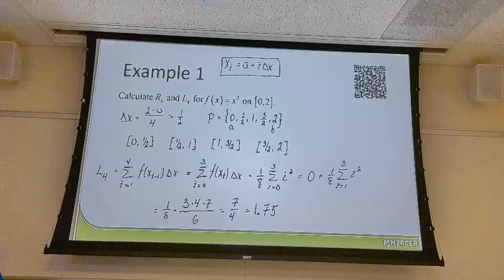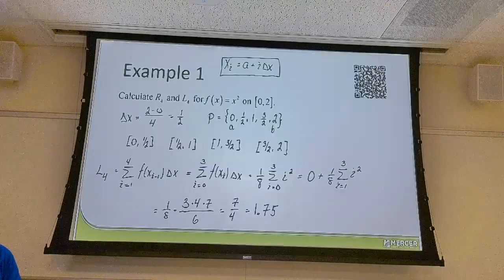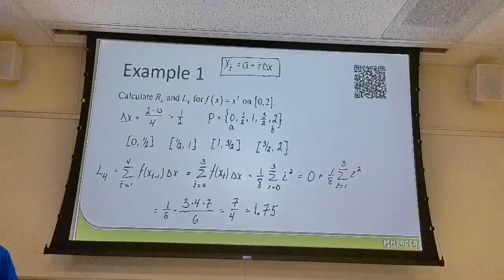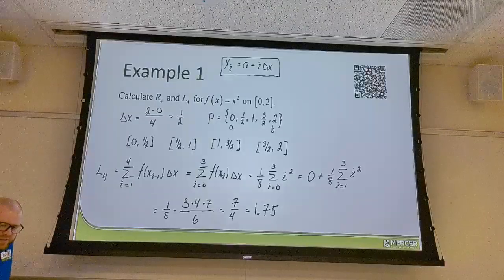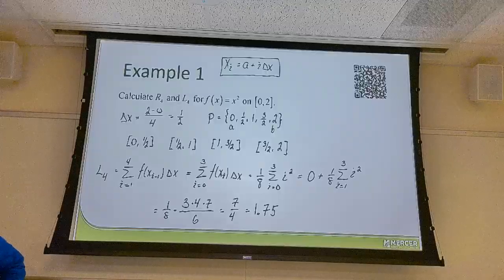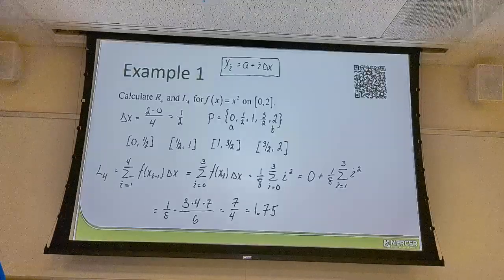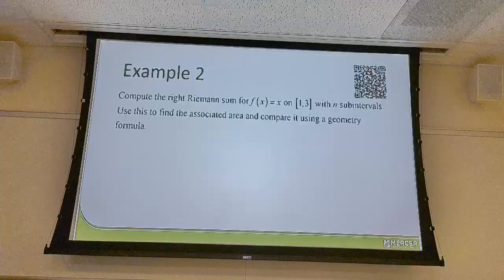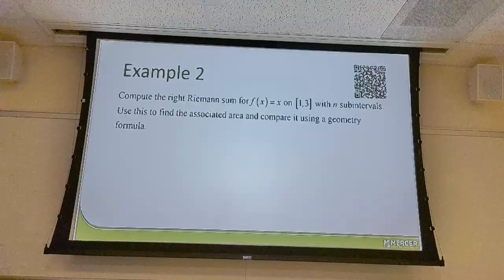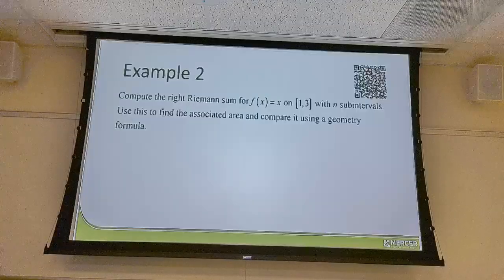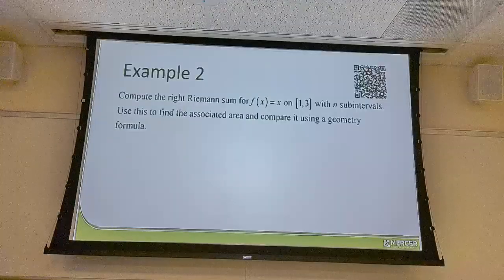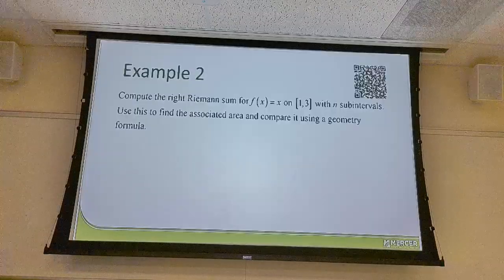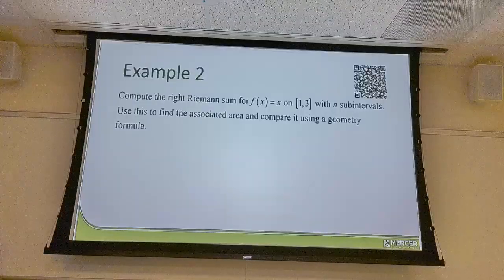But notice that was for a relatively simple function, wasn't it? Again, we're going to use a relatively simple function to find a formula for the Riemann sum, and then compute the total area, which means we're taking the limit.